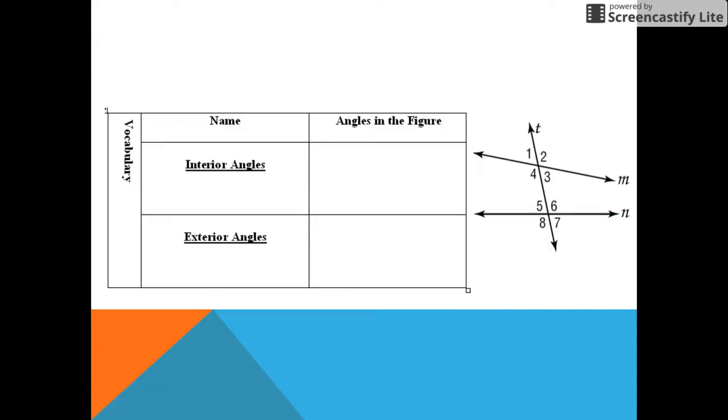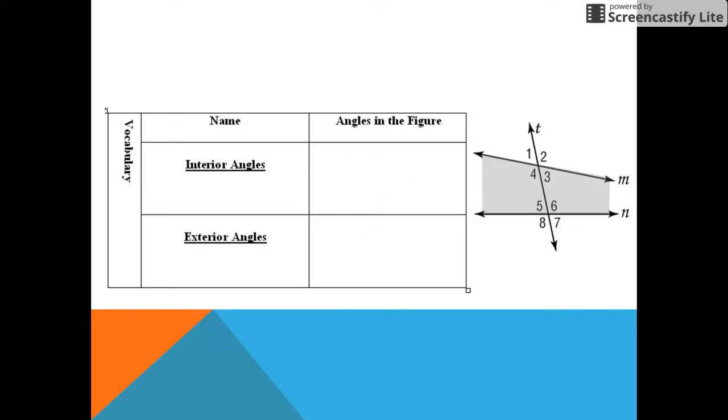Okay, with these next vocabulary terms, these all refer to specific pairs of angles in the figure. And although I give you one or two examples, there's often more than that. Interior and exterior angles are the first two. And to be able to use these terms, first you need to know that the interior of two lines is that part shaded in gray.